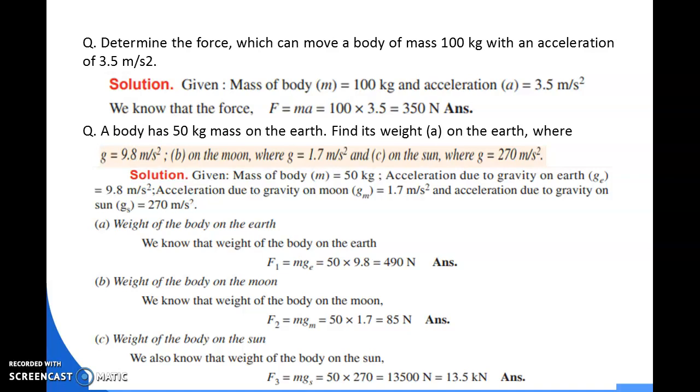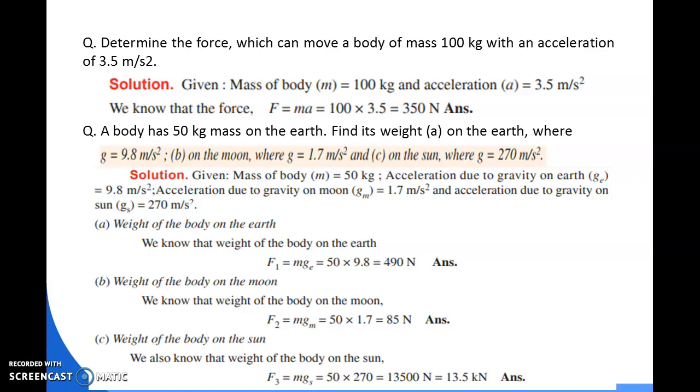Now we have to find out the force value. So here is the numerical. In this case, we have to determine the force which can move a body of mass 100 kg with an acceleration of 3.5 meter per second square. The data given are: mass of the body m is 100 kg, and the acceleration of the body is 3.5 meter per second square.